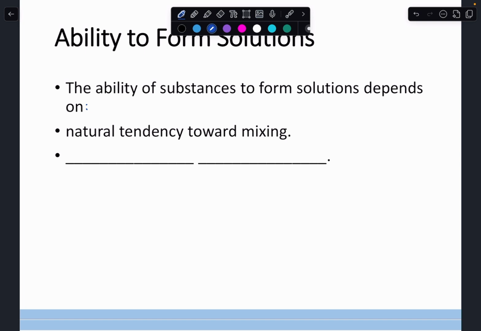Now you can adjust that by melting, but the ability of something to form a solution depends on that tendency towards mixing. The other important piece that we'll talk a lot about this chapter is that this depends on intermolecular forces.